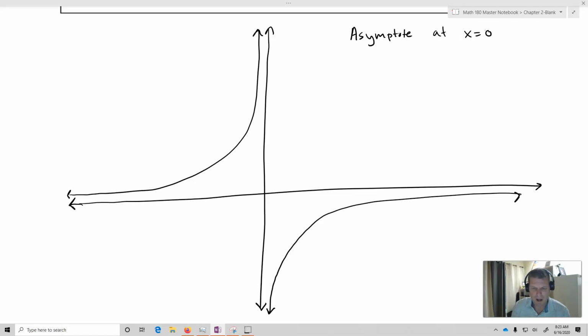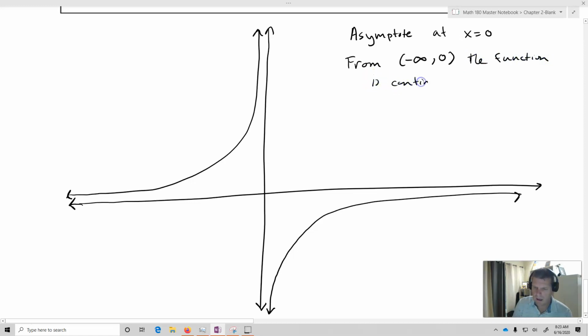But if I look here, from negative infinity to 0, the function is continuous on that interval. That's what they're talking about in this case with the rightmost endpoint, 0, which does not include 0 but is included in the set.